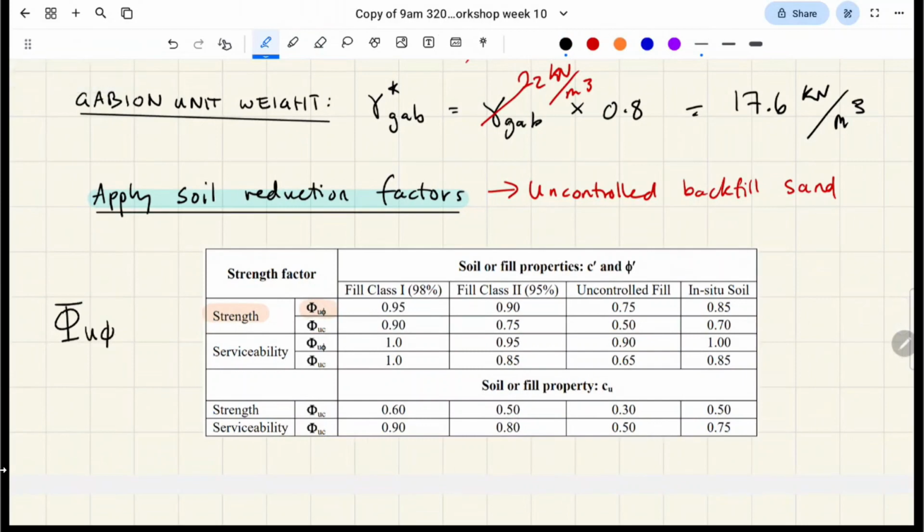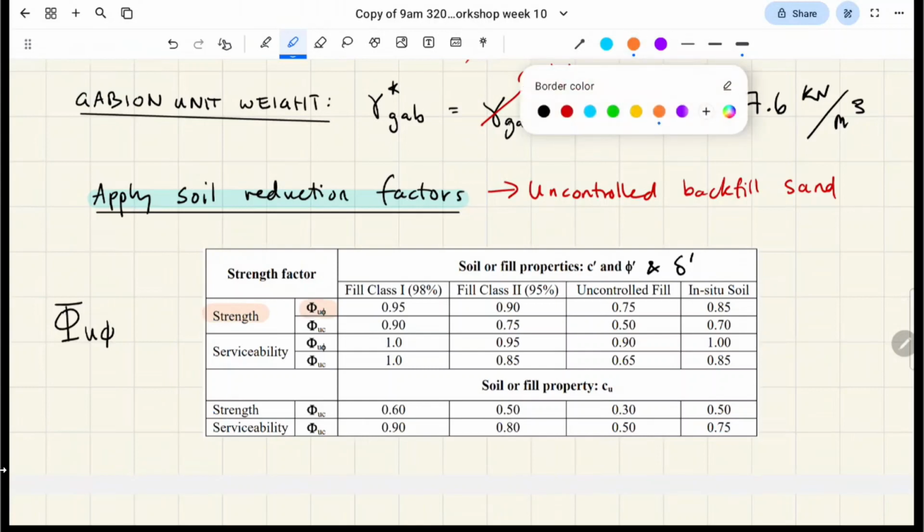That's our scaling factor for friction angle, right? And we're also going to apply the same one for the friction angle for adhesion, as well as cohesion, yeah? And this is drained analysis. So up here was the drained analysis stuff, down here is undrained analysis, yeah? But yeah, sand, drained analysis, yeah? Okay. So we're dealing with uncontrolled fill.